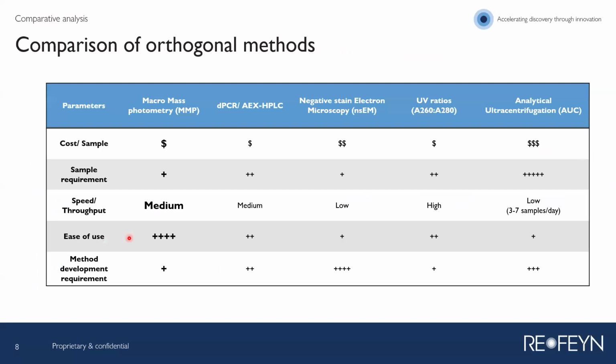Apart from the reliability and the accuracy of the measurement, we also wanted to understand the logistics of using the technology to measure the impurities. So here in this table, we have the parameters going down, which include cost per sample for running the equipment, the sample requirement, the speed at which it runs, the throughput as the number of samples that can be run at the same time, the ease of use for setting up, running the experiment, and analyzing the data, and finally, the requirement for method development.